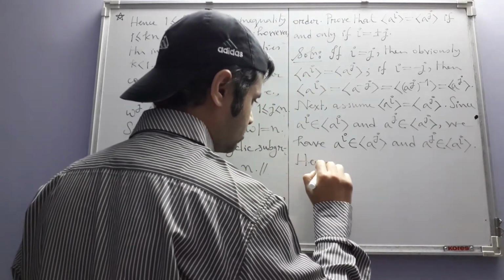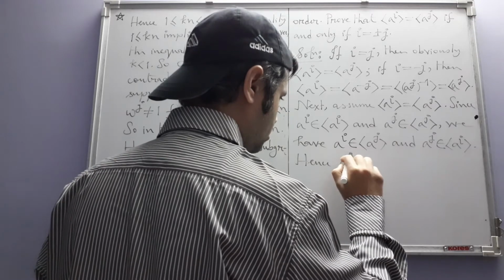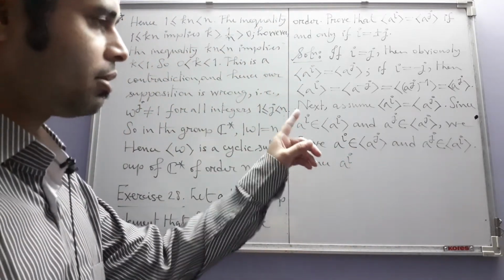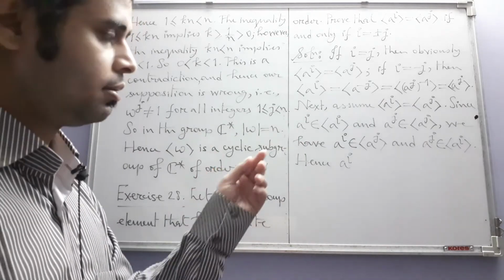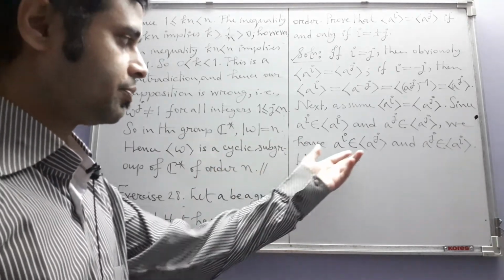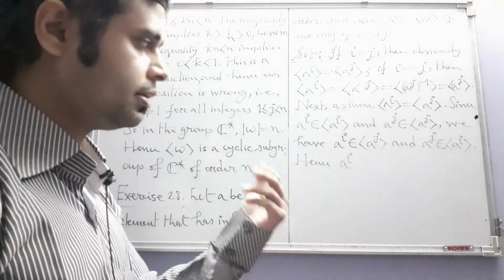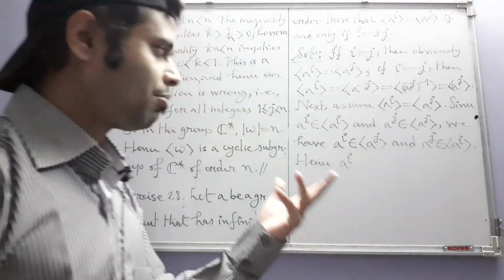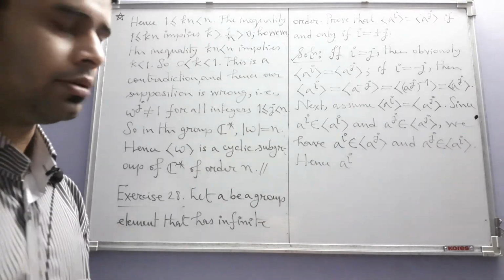Hence, a to the power i belonging to this means what? a to the power i will be an integral power of a to the power j.